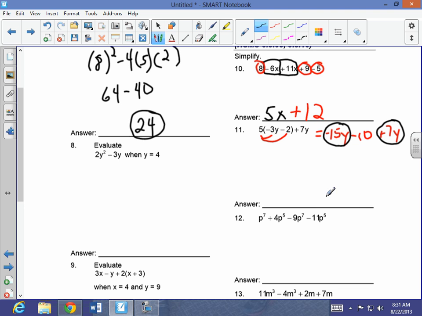So that negative 10 just stays negative 10. It's not going to be combined with anything. Negative 15 plus 7 is negative 8. Negative 8y. 15 minus 7 is 8. 15 is negative. The answer has to be negative. Got to keep your y.